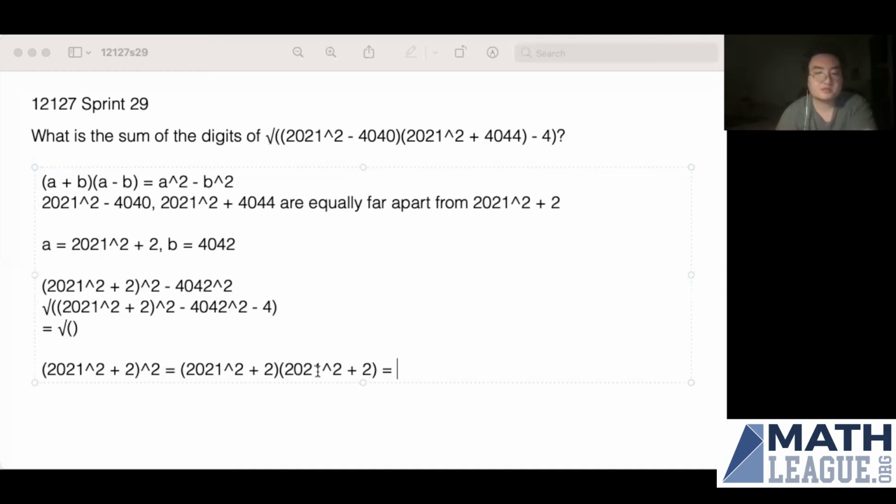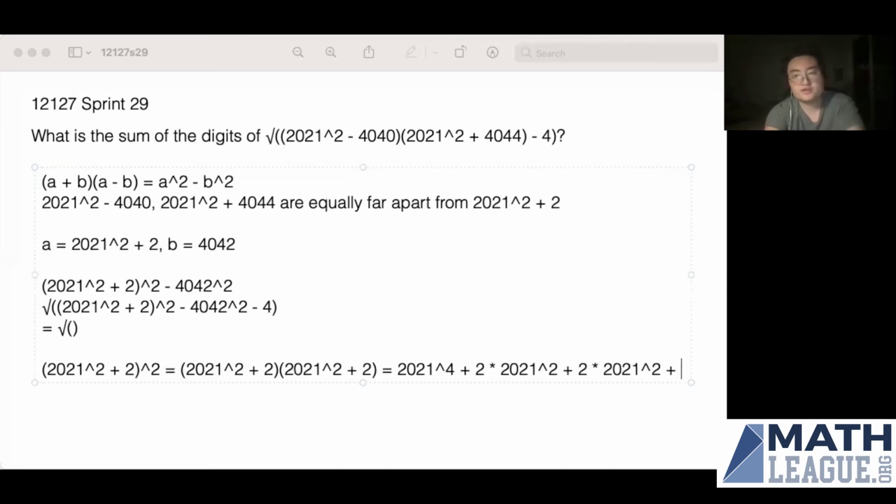If you remember laws of exponents, that's 2021 to the 2 plus 2, that's 2021 to the 4th power, plus 2 times 2021 squared. That shouldn't have happened. Let's rewrite that: 2021 to the 4th plus 2 times 2021 squared plus 2 times 2021 squared. And then you have a 2 times 2 at the very end. That's 4. So then you get 2021 to the 4th plus 4 times 2021 squared plus 4.